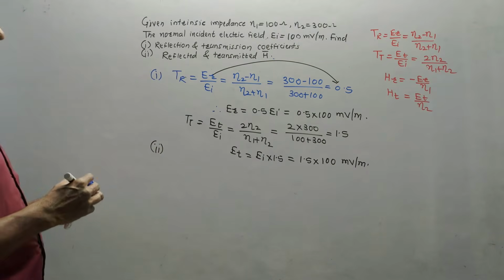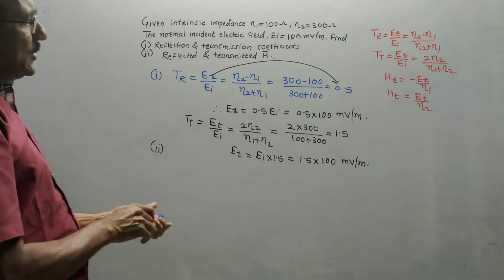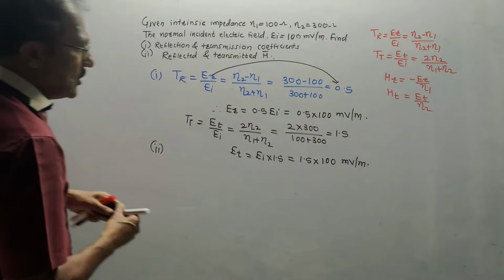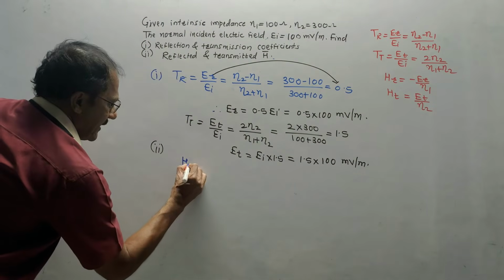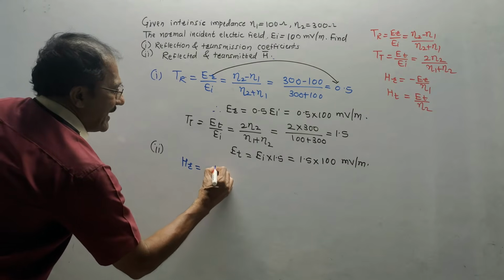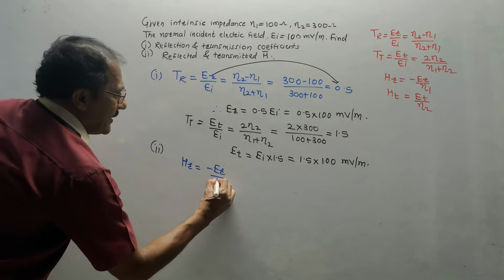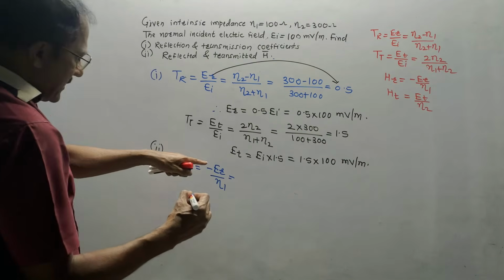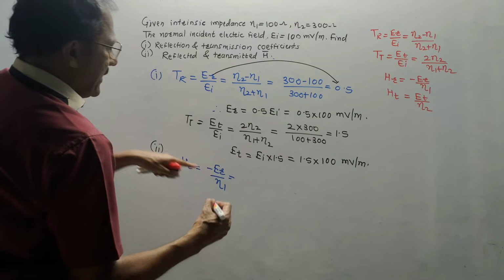Now the second part. For the second part, I need to calculate reflected and transmitted H bar, that means HR and HT. So I have the ready-made formula. HR is equal to minus ER upon eta 1.